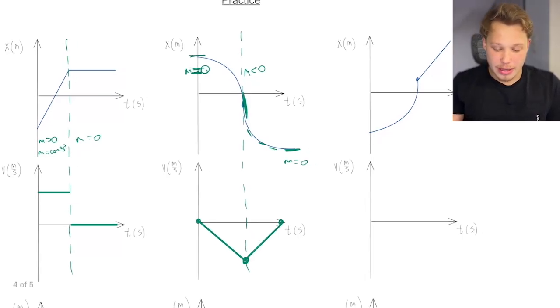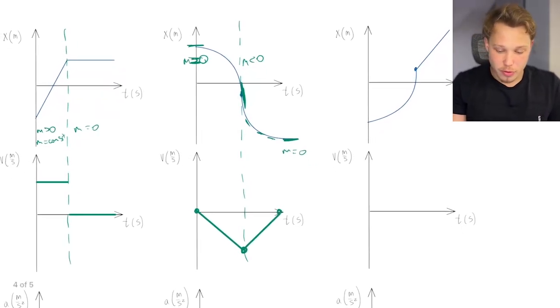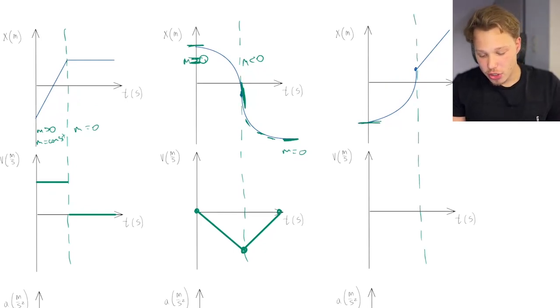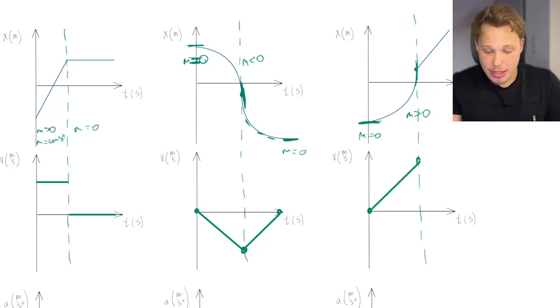And finally, let's look at the third example. So once again, I'll break it down into two intervals. Here, the slope starts at 0 and it goes to a positive value. So I will start my velocity at 0 and I will end my velocity at a positive value over here. And the second part of this is a line, right?